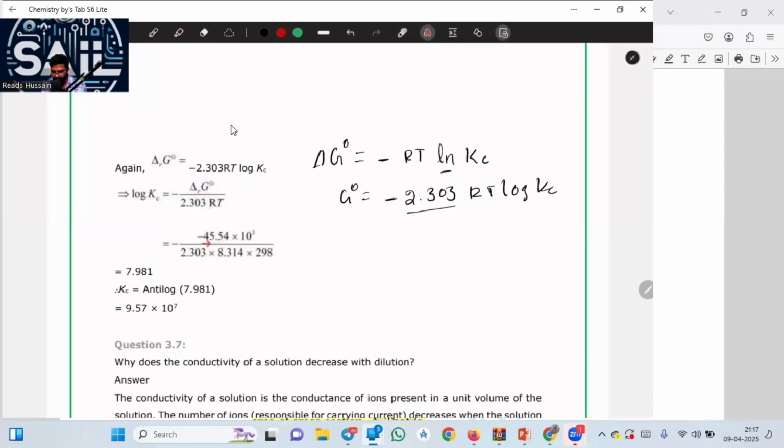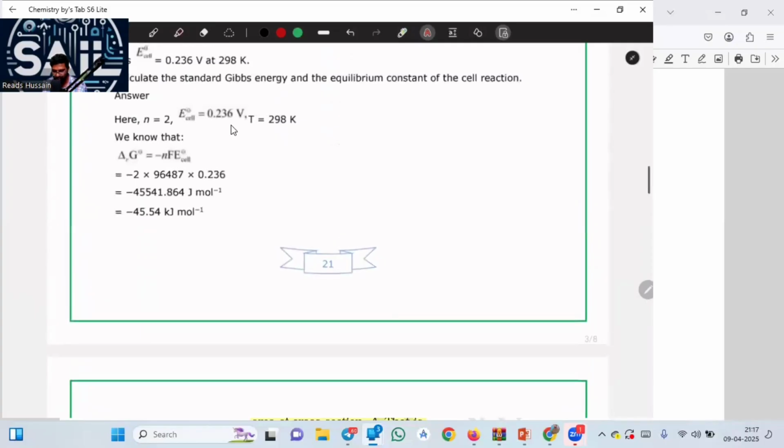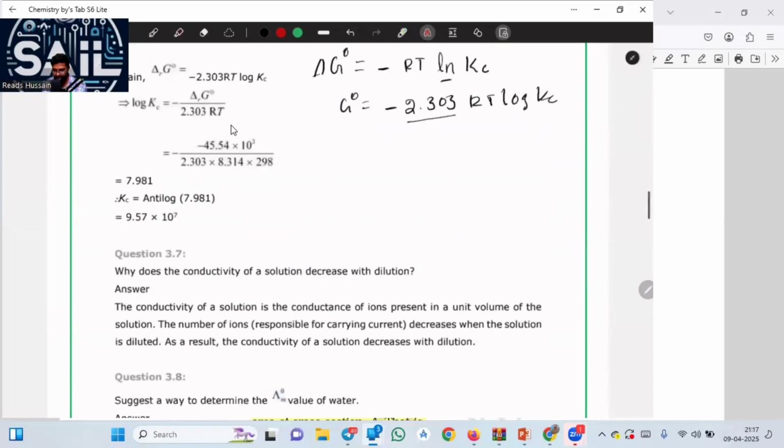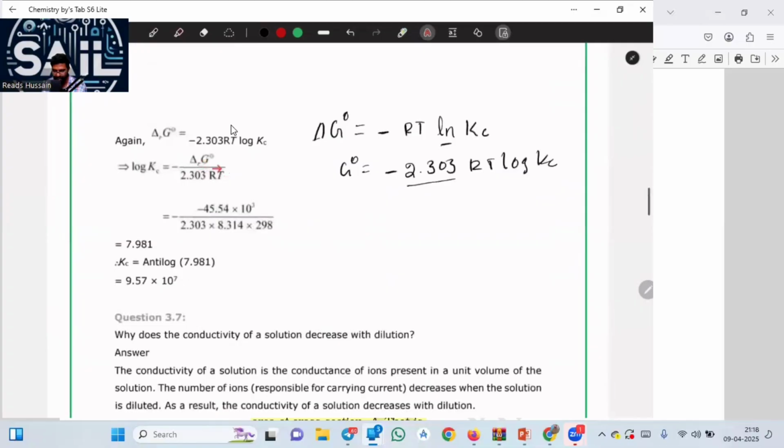Delta G naught value is minus 45.54, which we have just solved, no? Whatever answer you got here, you substitute in the place of delta G. 2.303, R value 8.314, temperature 298. Temperature is given as 298. If you substitute all these values, finally you get 7.981.